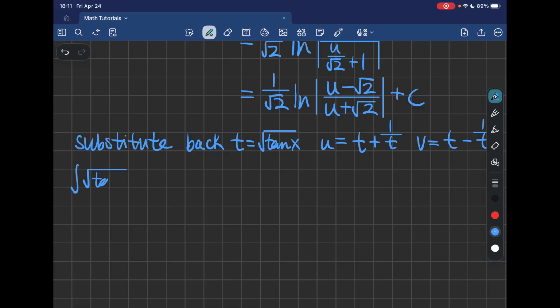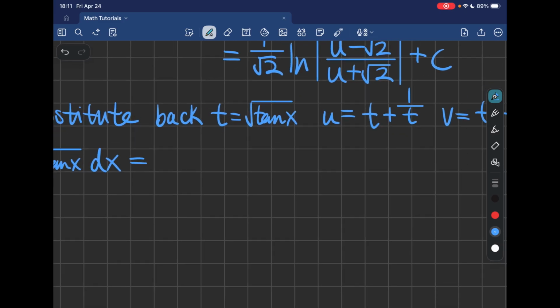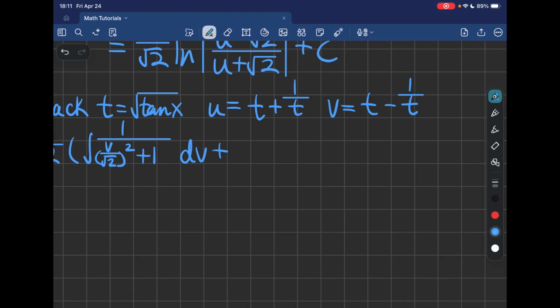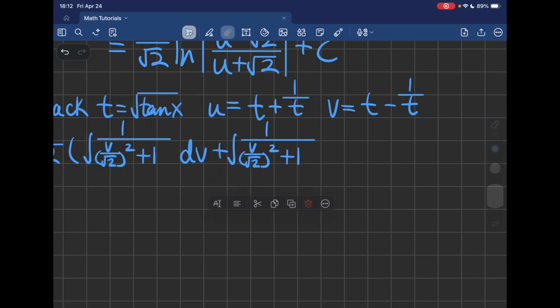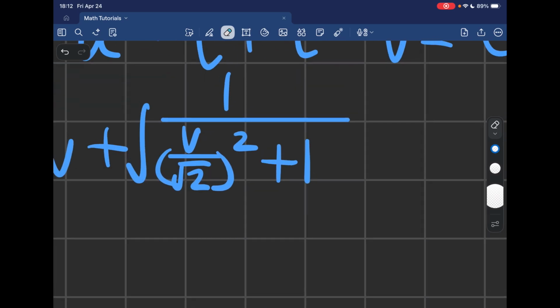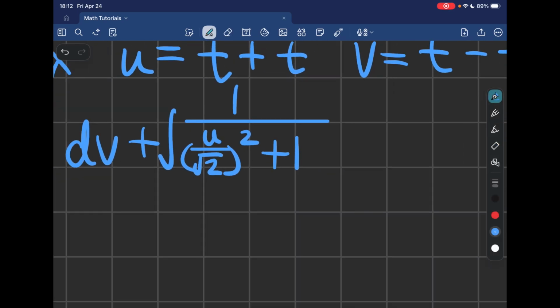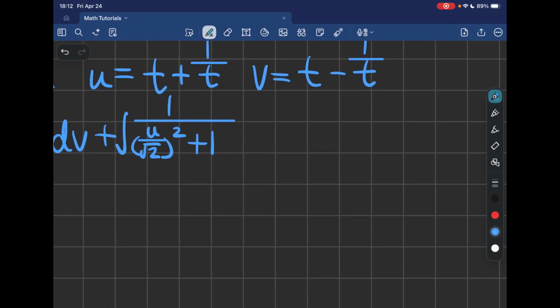Integral of square root of tan x dx equals, like last time, we had v over square root of 2 to the 2 plus 1 dv, then plus something for u, that should be minus du.